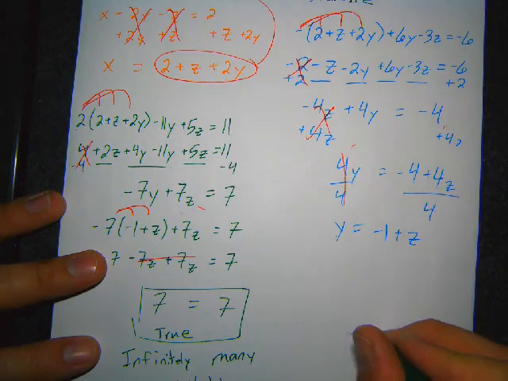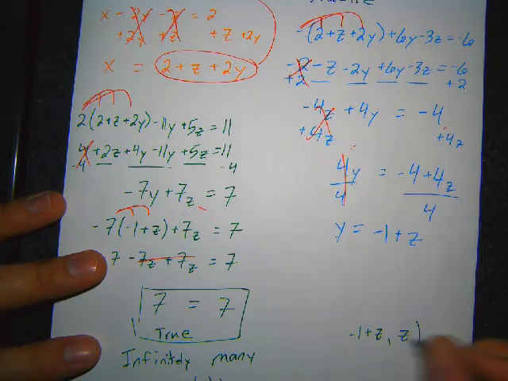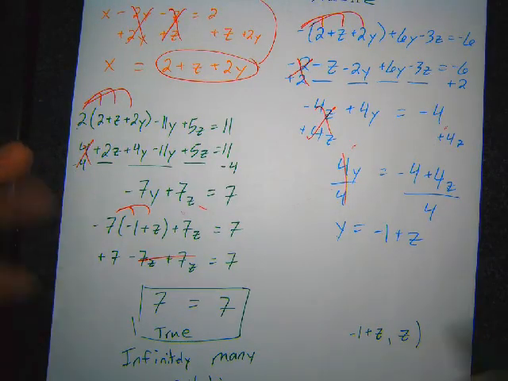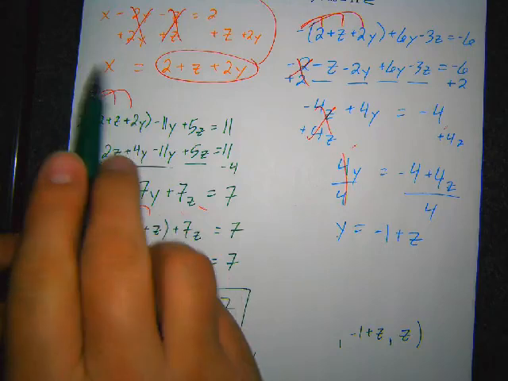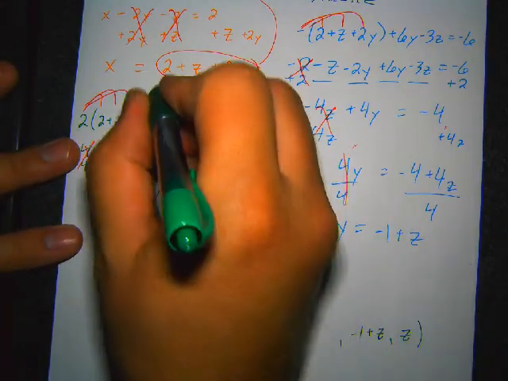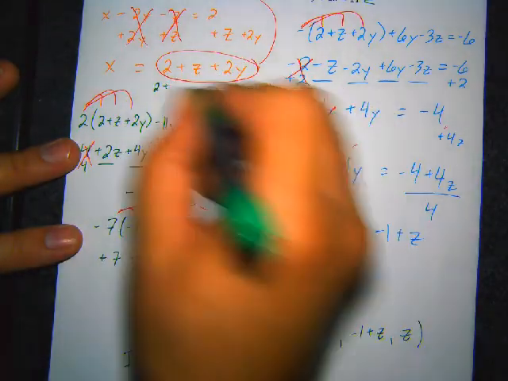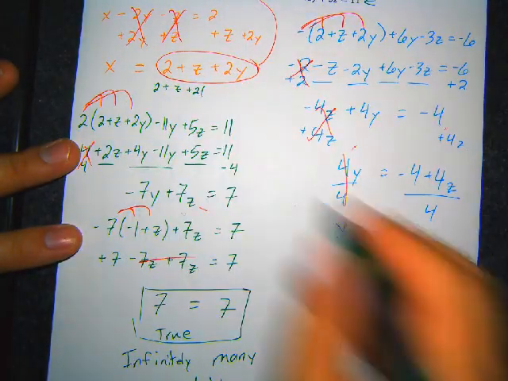So I'll put negative 1 plus z for the y. z will just leave as z. Because there's infinitely many solutions, we'll just let z be anything. And then they'll figure out, well, what could x be? So what we'll do is plug this in for y in here. So we get 2 plus z plus 2 times that y replaced with negative 1 plus z.